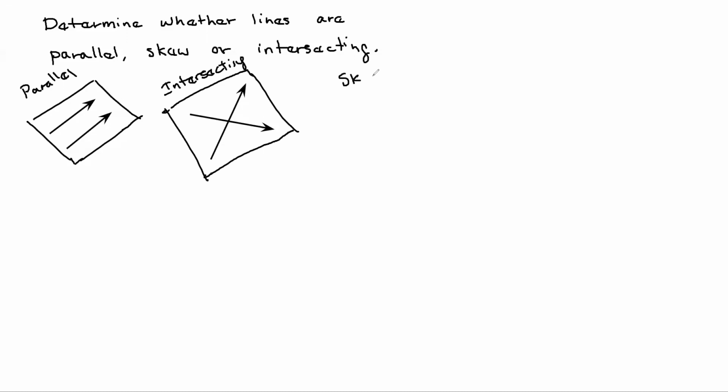Skew lines, and the reason I describe it this way is that skew lines are two lines that sit on parallel planes. Okay, so it's maybe easiest to visualize it with a three-dimensional coordinate axis.